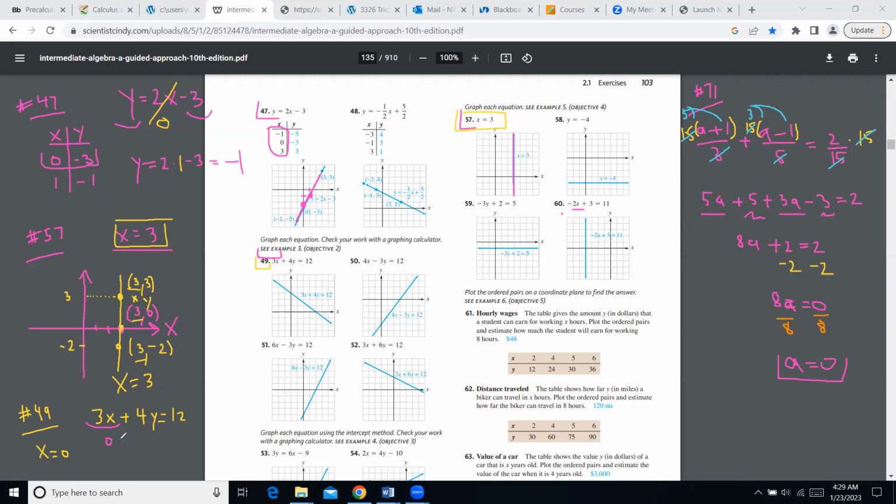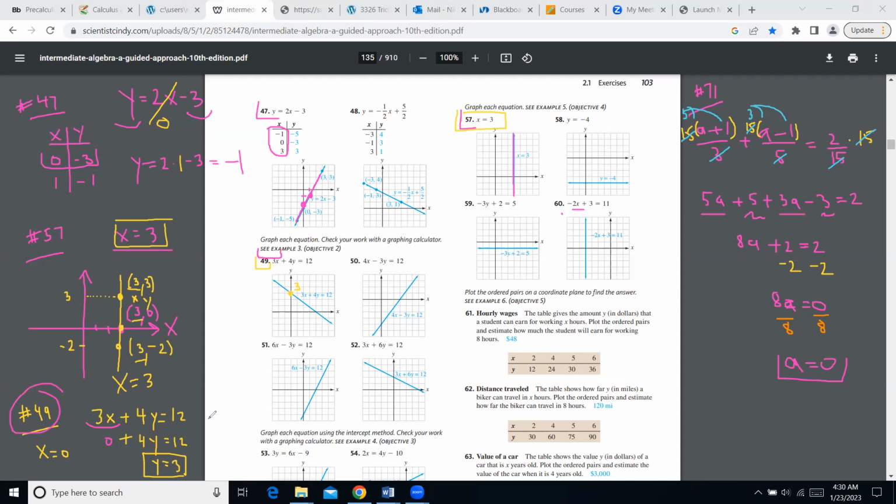So when x is equal to 0, then we have 3 times 0, which is 0, plus 4y, which is 12. So I can see that 4 times 3 is 12, right? y has to be equal to 3. Then I can see that the point 3 is someplace here on the y-axis, and that's exactly what the line is passing through. So this is the so-called point of intersection of this line with my y-axis.